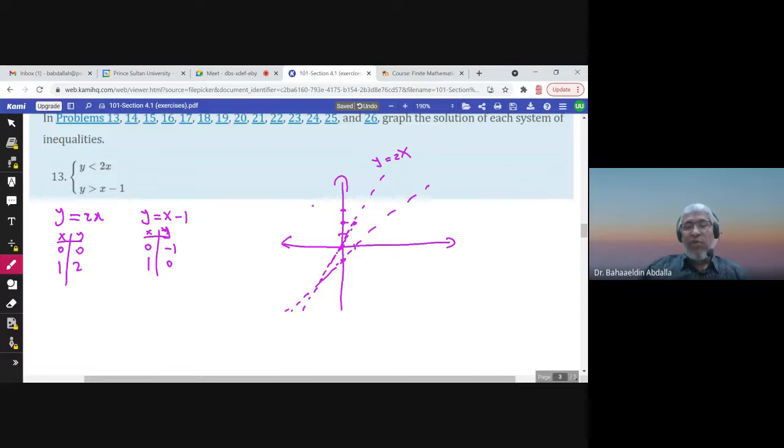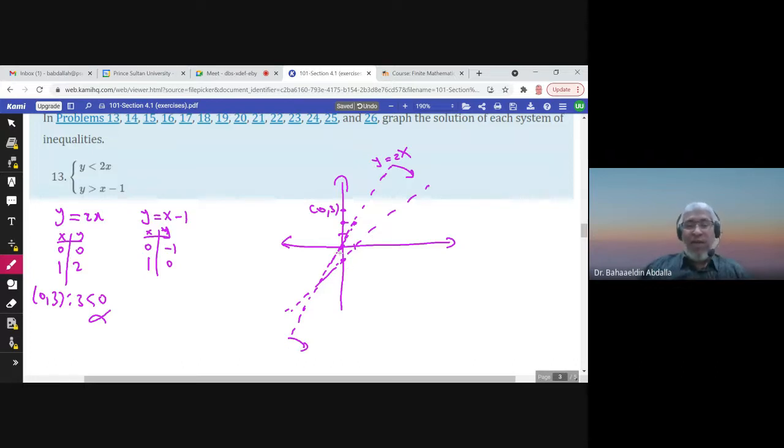This point has coordinates 0, 3, and it belongs to this half. So let me check 0, 3 in the first inequality. y is 3. 3 less than 2 times 0, 0. 3 less than 0, this is not correct. So the graph is to the right, not to the left.